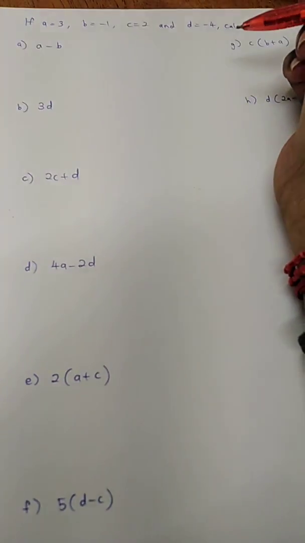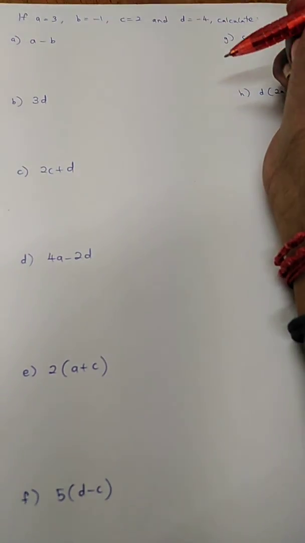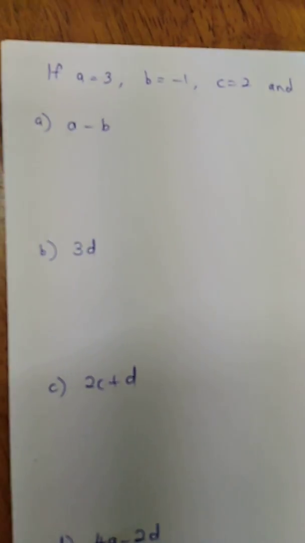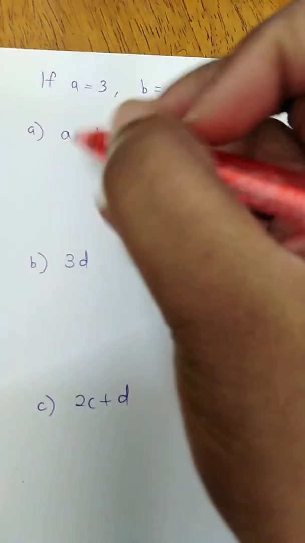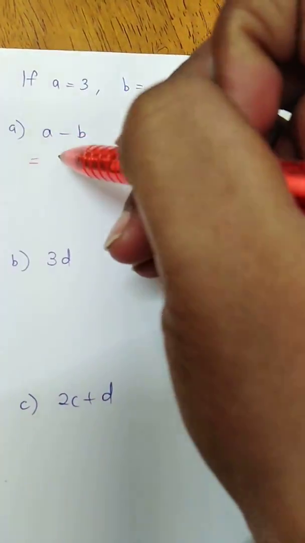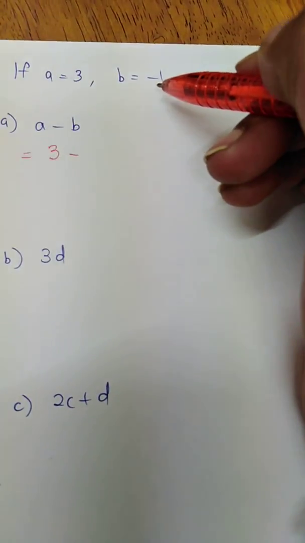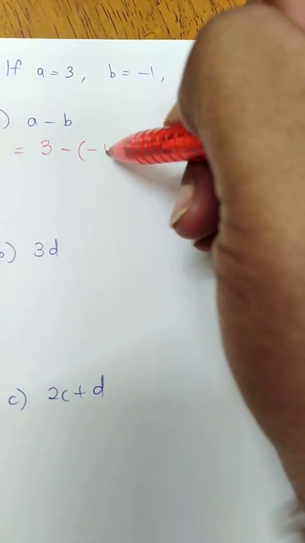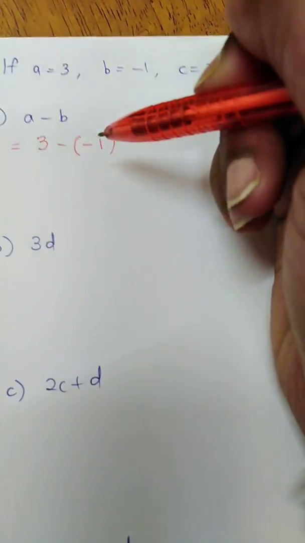Calculate A minus B. Make sure you write equals, 3 minus, since B is a -1 value, make sure you put the -1 in brackets so that you will not confuse both the negative symbols.